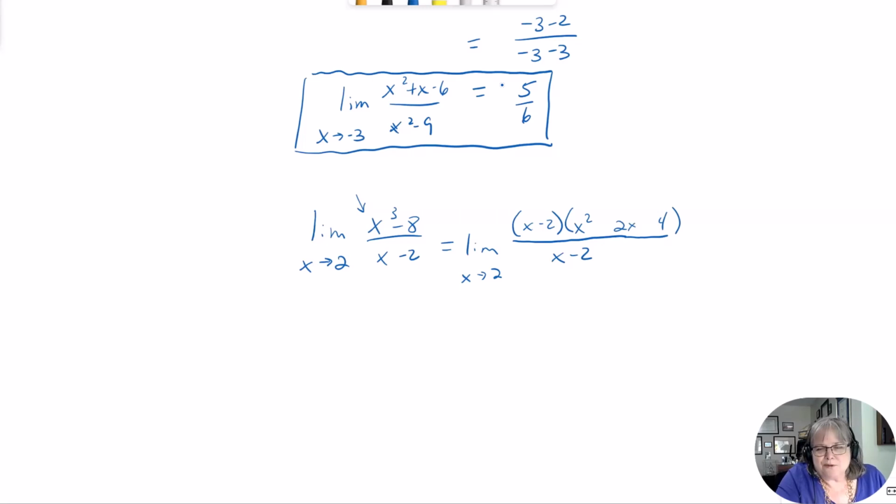Your teachers in the past may have taught you different verbiage. I think they call it SOAP: same, opposite, always positive. So this sign and this sign are the same.